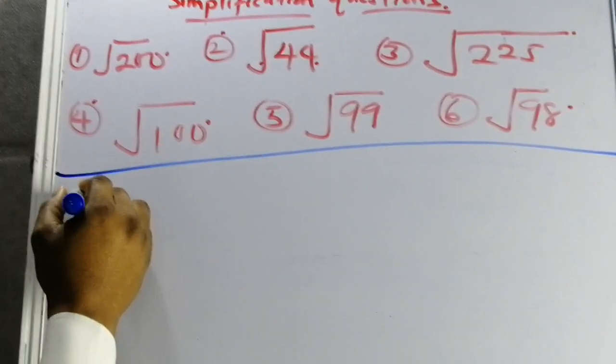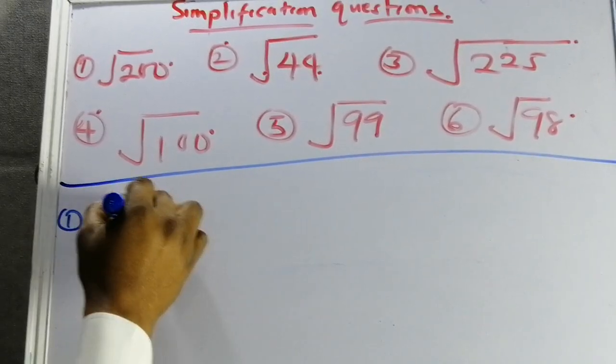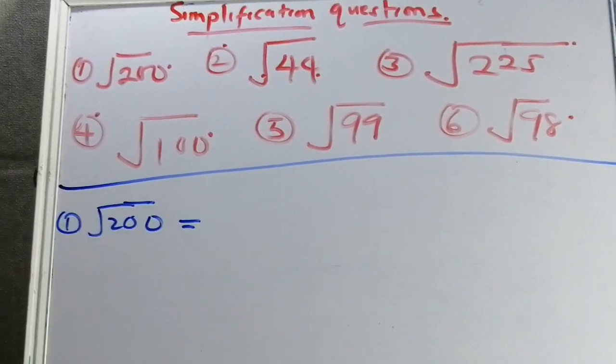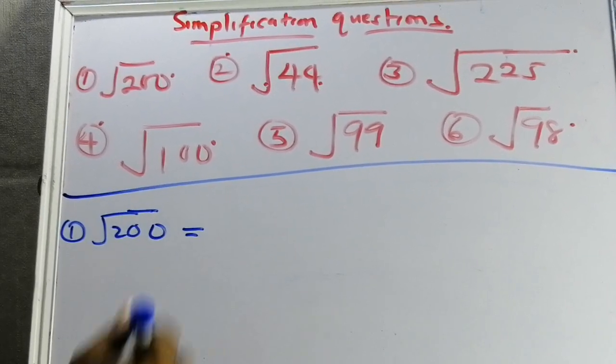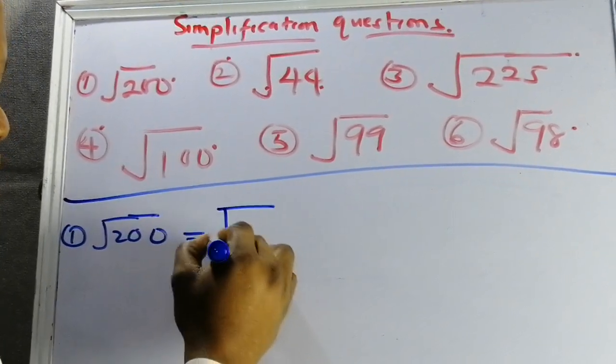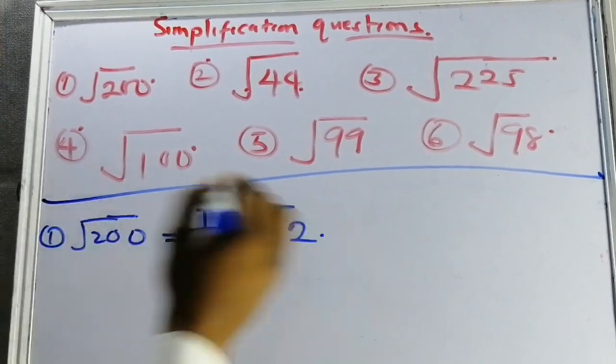So number 1 here, let's take root 200. We know that we can divide this by 2, which means this is the same thing as 100 times 2.